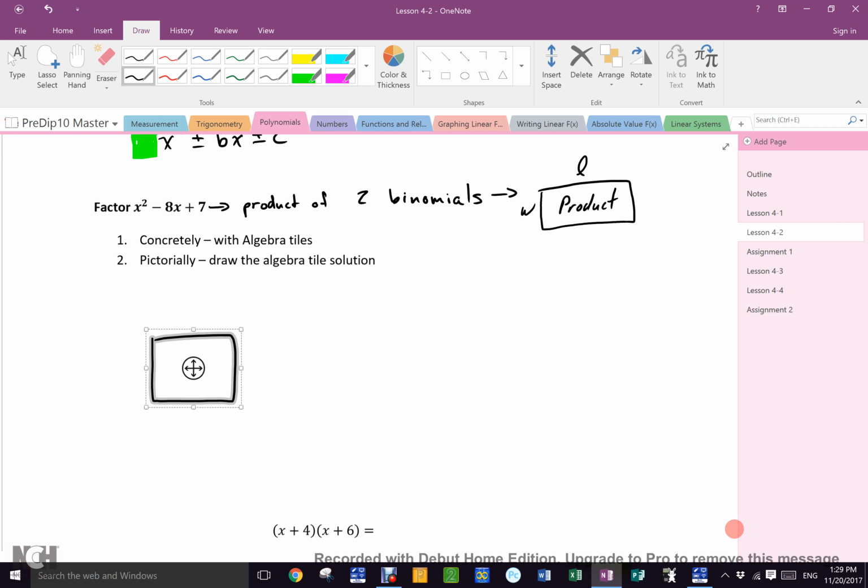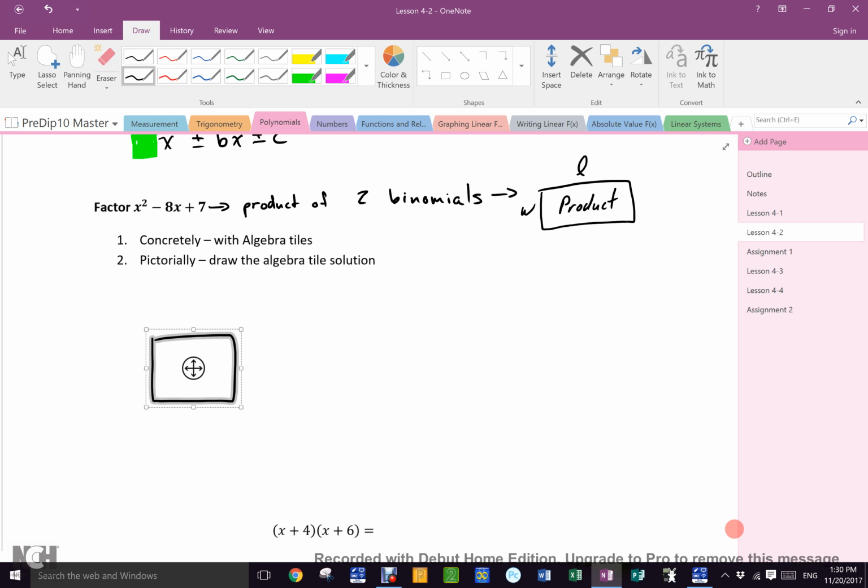Okay. Now, what else do we know? We know I somehow need negative 8 x's, yes? And we need 7 positive little guys, right? Yeah.